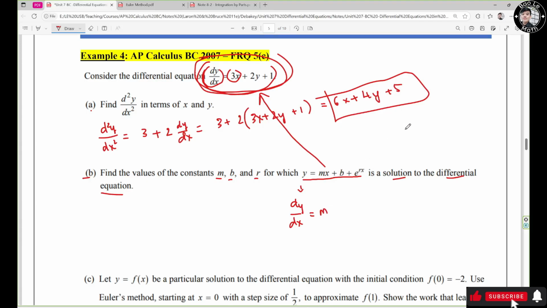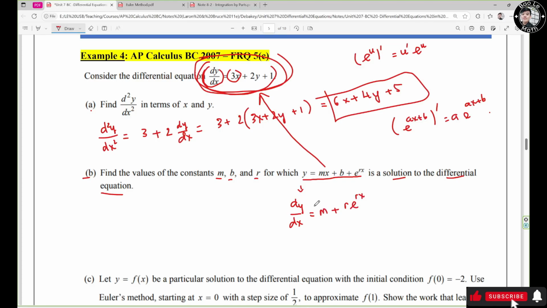Derivative of e raised to the rs is going to be r times e raised to the rs. Remember, for e raised to the u, it's going to be u prime times e raised to the u. So this guy turns out to be r times e raised to the rs.